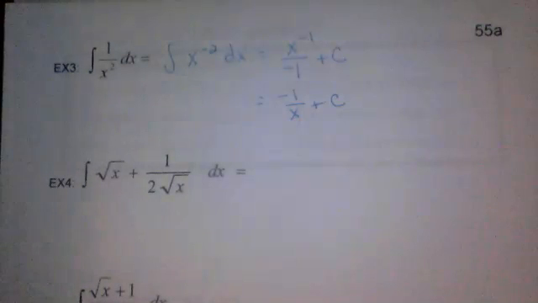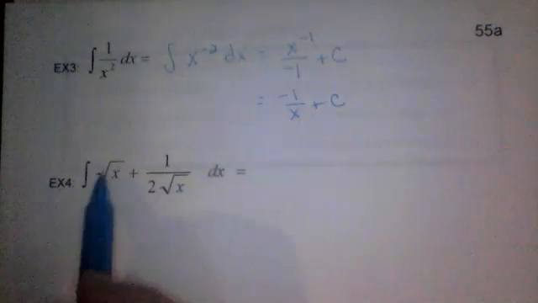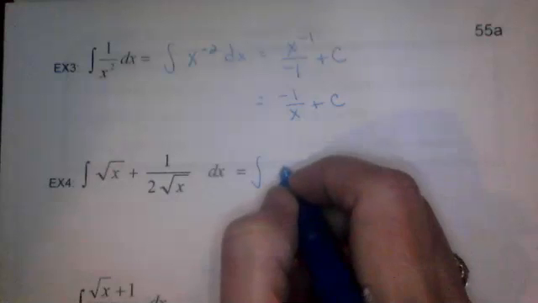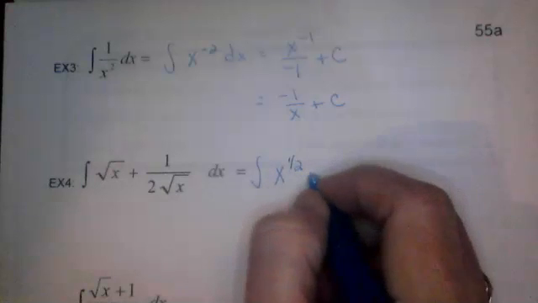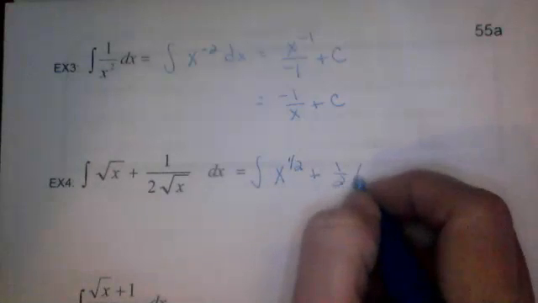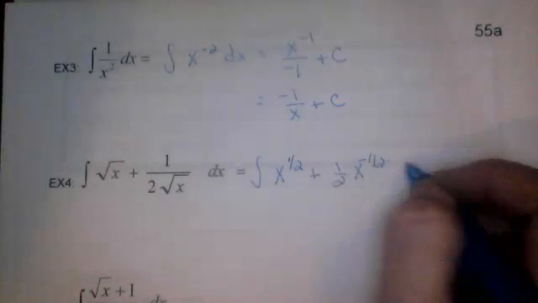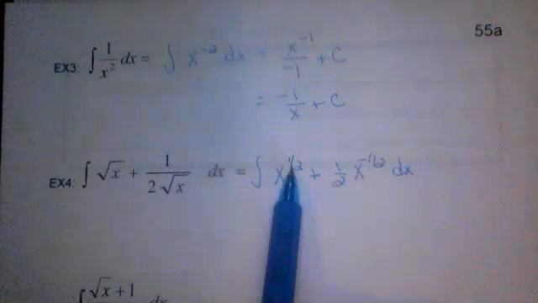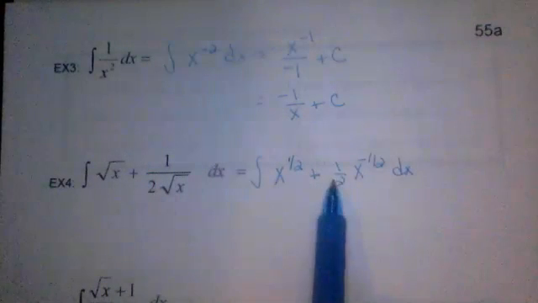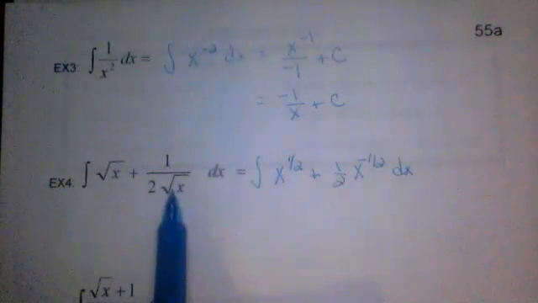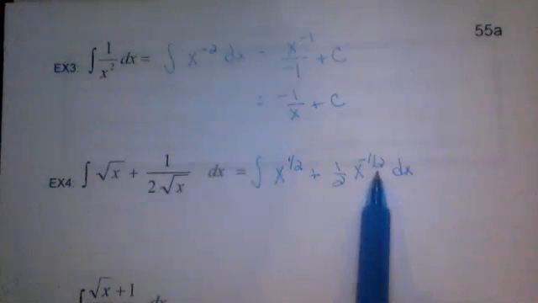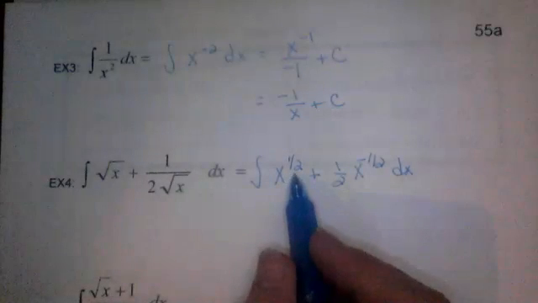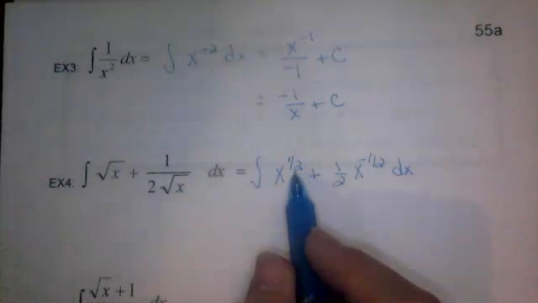All right, let's try the next one. We need to rewrite this so that we have exponents. So we're going to have the integral of x to the 1/2 power plus 1/2 x to the negative 1/2 power dx. So x, the square root is the 1/2 power. This is my 1/2 that I put in the front, and this is in the denominator, so I've got to bring it back up, so x to the negative 1/2. So now when I integrate that, I just use the rule for adding to the exponent.